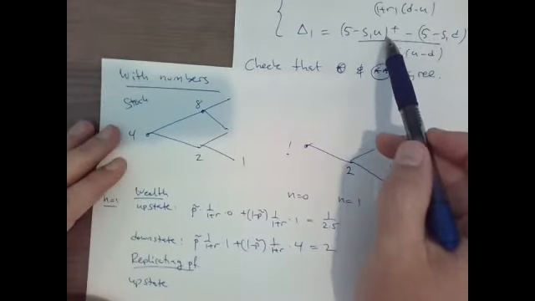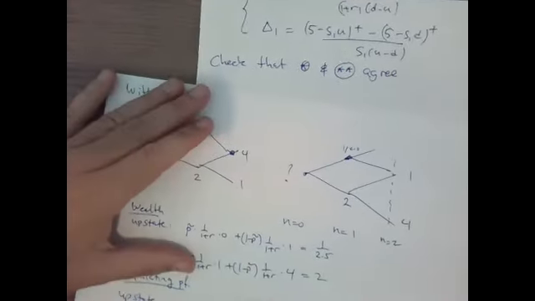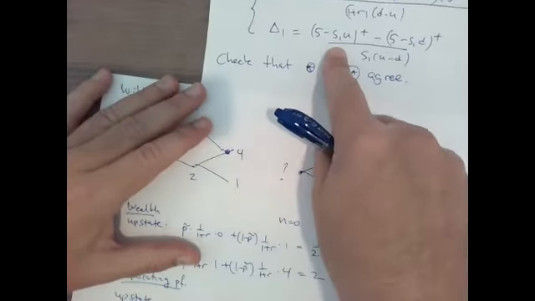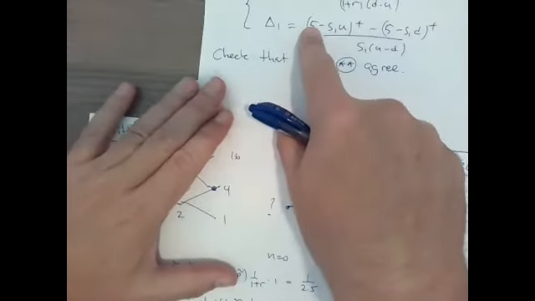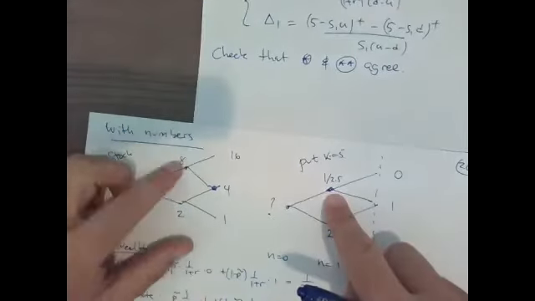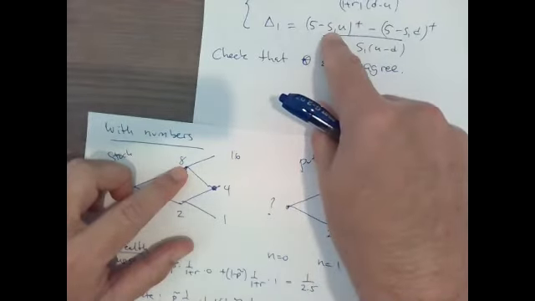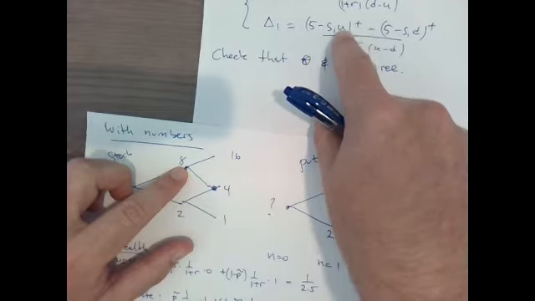What will it be? It will be 5 minus, if I am up here, the stock price is 8, 5 minus 8 times 2, that's 5 minus 16, plus the part that's not there.